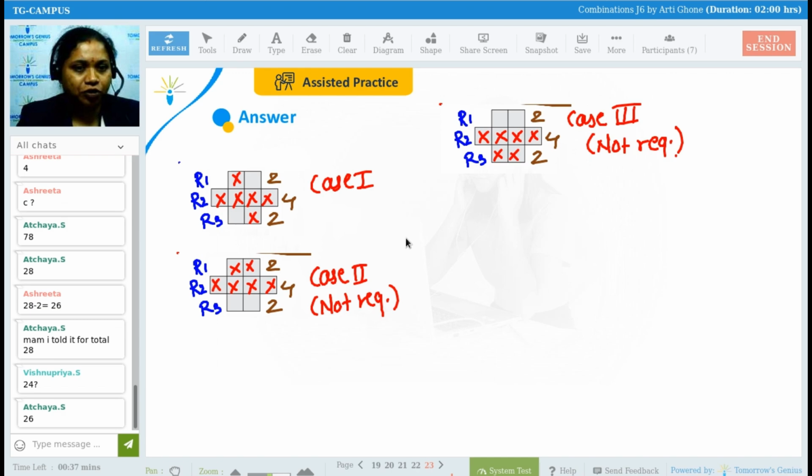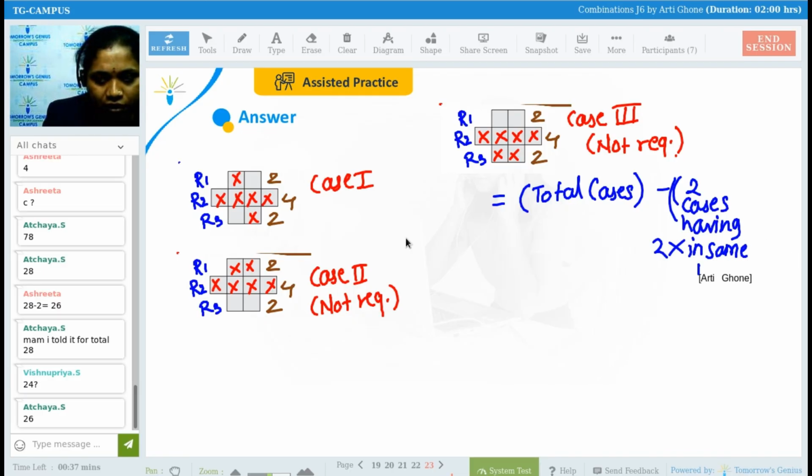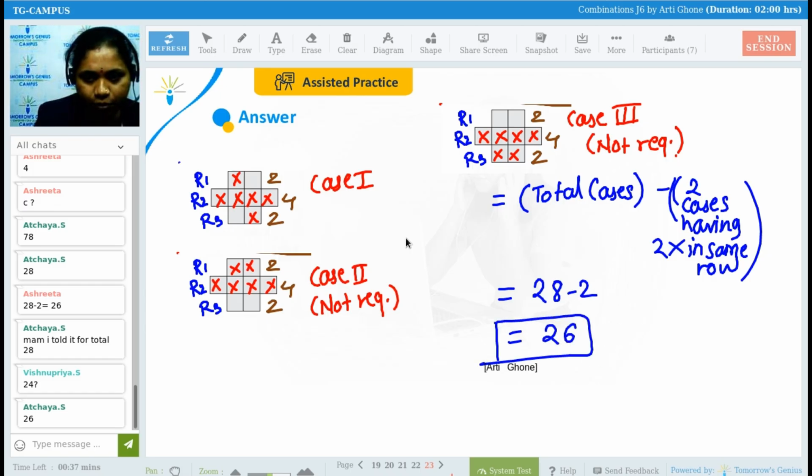From the total, we have to subtract 2 cases that are not required. So total cases minus 2 cases having x to x in the same row that are subtracted. So the total explanation is 28 minus 2, that is 26 cases. So the answer will be 26.